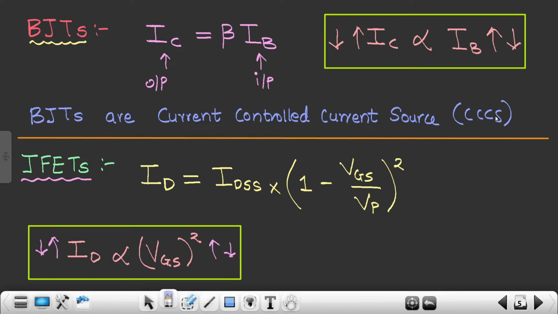CCCS, current controlled current source. Why? Because this particular current IB is controlling the output current. Okay, current controlled, that's why it is known as current controlled current source. Great. And JFET is known as VCCS, that is voltage controlled current source.